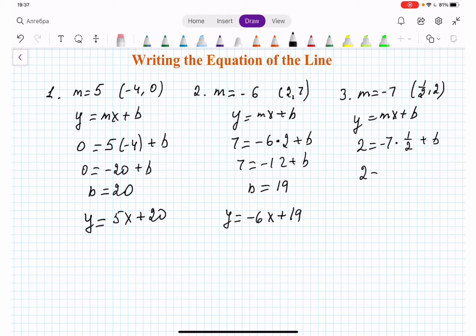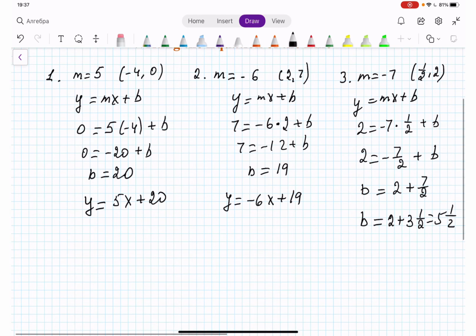Okay, 2 is equal to -7 over 2 plus b, and b is equal to 2 plus 7 over 2. So b is equal to 2 plus 7 over 2, which is 3 and 1/2. So it's going to be 5 and 1/2, which is 11 over 2, right? So from here, y is equal to -7x plus 11 over 2. This 5 and 1/2 is 11 over 2.